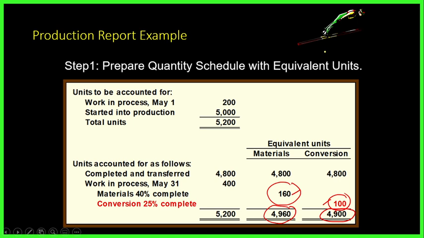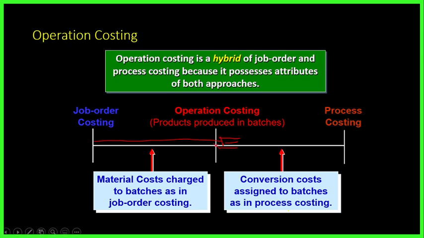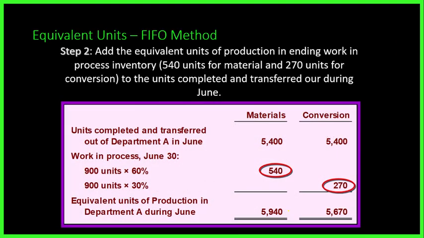Ayun. You have 4,960 as the EUP. Kala ko mapapahiya ako. This is your EUP for this example, no? For the weighted average. So from 4,960, you simply deduct the percentage of completion of the beginning inventory. Ayan.